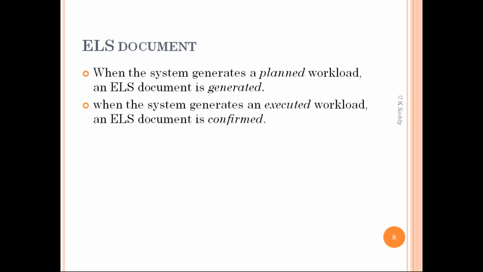That also can be stored within the system. Even though the executed workload document is generated against the deconsolidation, the planned workload document can still be shown within the system. The exception is for the deconsolidation step. Okay, that is SAP's standard.